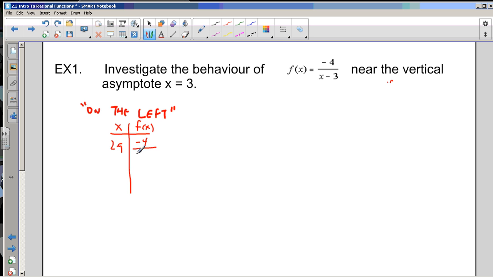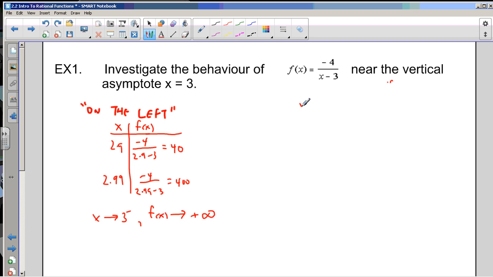I go -4 over 2.9 minus 3, pound that into my calculator, and I get 40. Now, if I get a little bit closer to 3, because it's approaching 3, I know it can't be equal to 3, that would be undefined, well, that's 400. Well, what does it look like? As x approaches 3 from the left, a little bit lower, f at x goes to positive infinity. This number is just going to get bigger and bigger and bigger.